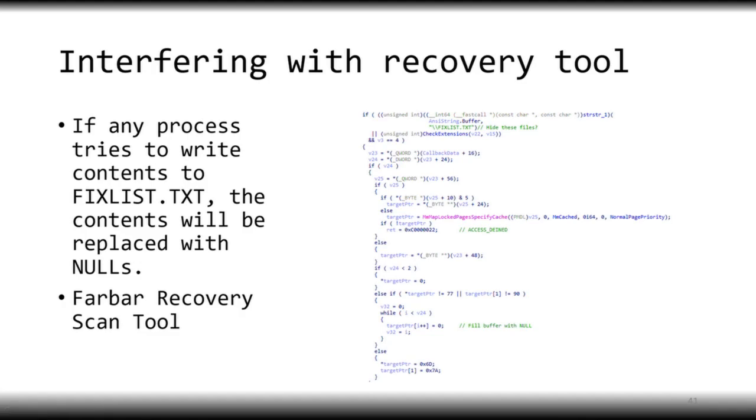It turned out this file is used by the Malwarebytes Farbar Recovery Scan Tool, FRST. With the previous slide, I talked about how Malwarebytes is one of the first vendors who detected this threat.